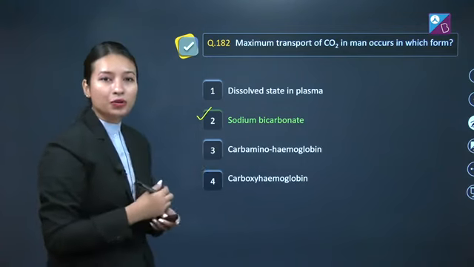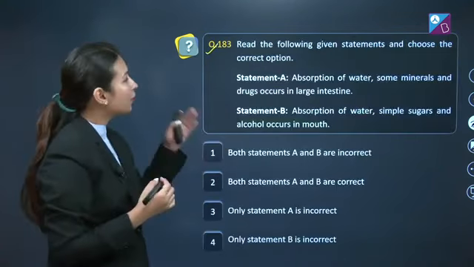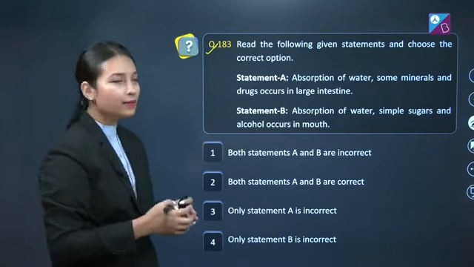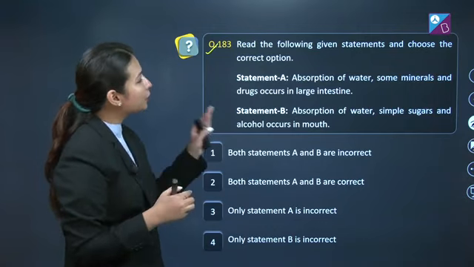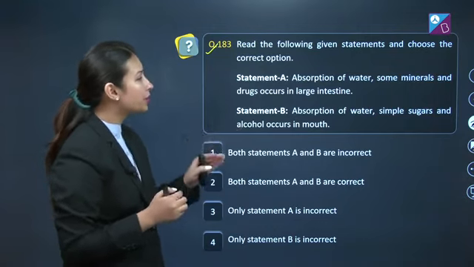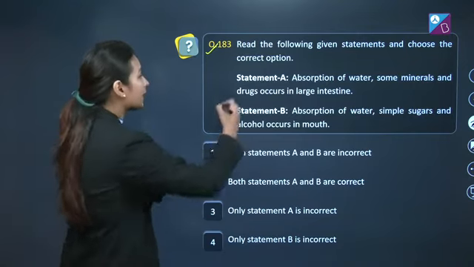Now let's move on to next question, that is question number 183, which states read the following given statements and choose the correct option. So यहाँ पे statement A है absorption of water, some minerals and drugs occurs in large intestine, ये बिल्कुल सही बात है.